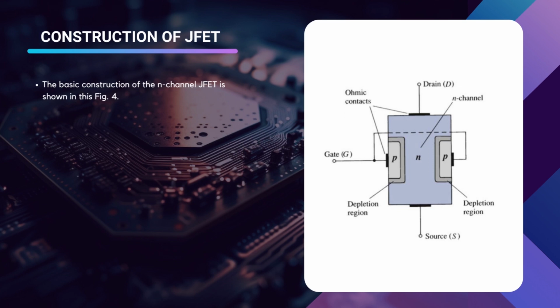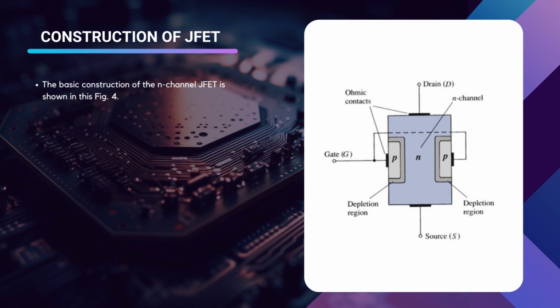Always remember, in field effect transistors the current flow is due to the majority carriers only. These devices are unipolar devices, and because they are unipolar, they have very little noise in the circuit.